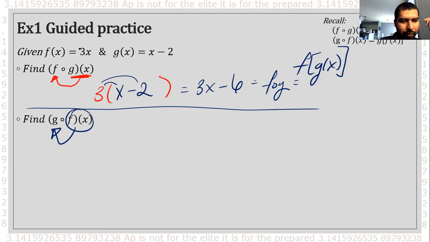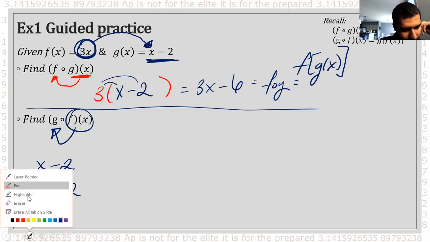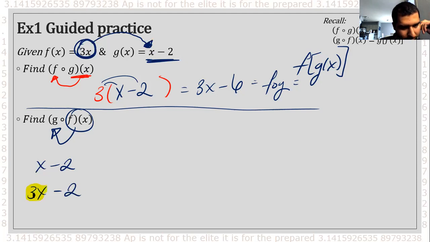So my F goes into the X's of my G. So if I have this right here, it's X minus 2. But now I have 3X minus 2, because this right here, let me highlight this, 3X is from my F.